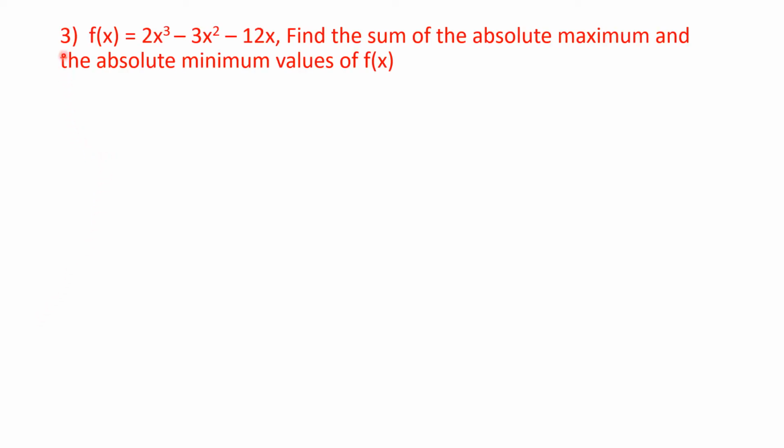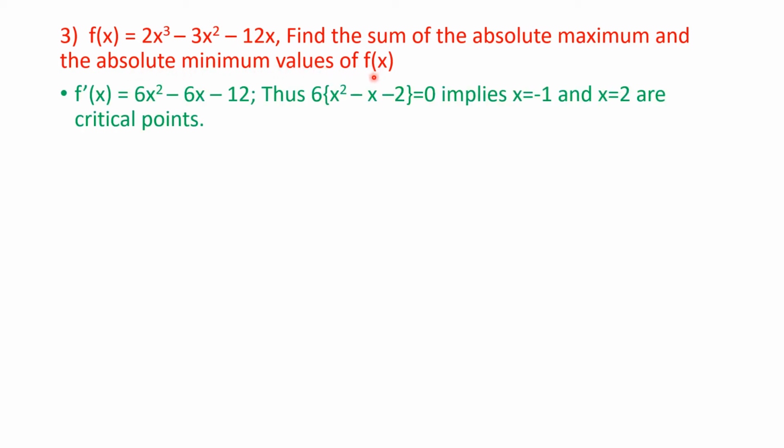Next is question number 3, and it's about the function f of x equal to 2x cubed minus 3x squared minus 12x. We have to find the sum of the absolute maximum and the absolute minimum values of the function f of x. To do that, we start with finding the first derivative.